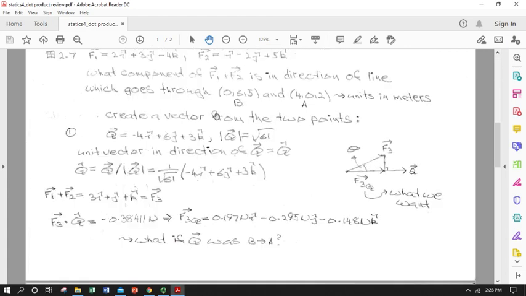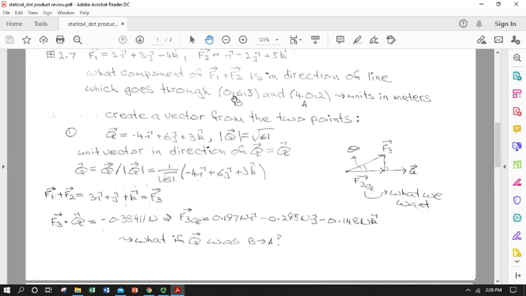So in this case, I started with making a vector from these 2 points. I don't know where these are, but basically if I go from one point to the other, I can create a vector that represents that given direction.